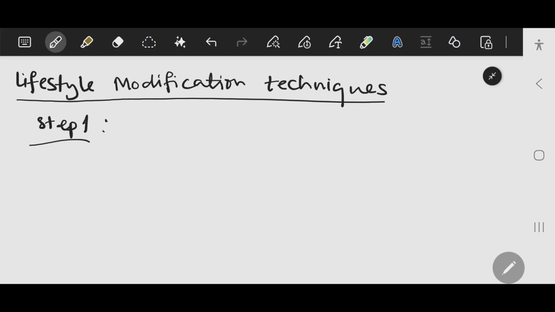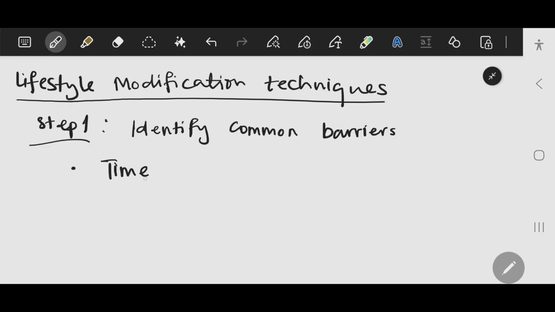So step one, you want to identify common barriers. So these could be things like time, they don't have enough time because of their job, the costs, maybe they can't afford to go to the gym or to do tennis training or to do cricket training or whatever it is.